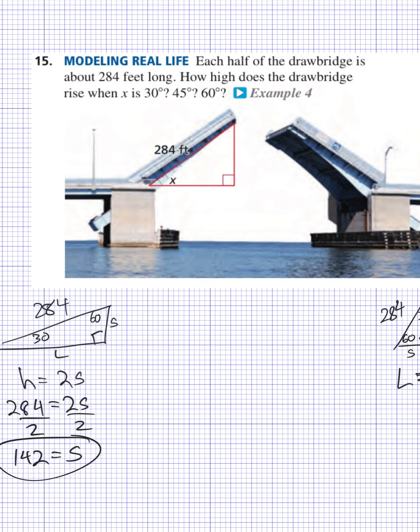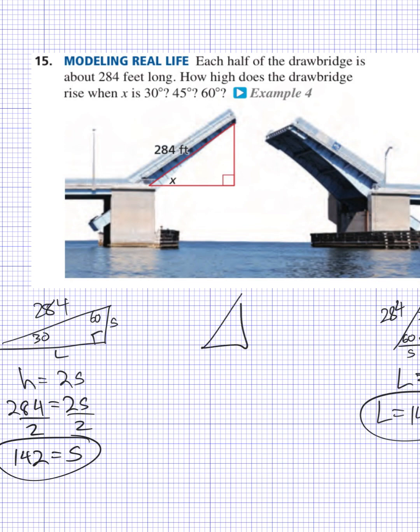So 284 divided by 2. So that's 142. Yeah, it's a short leg. So the long leg is going to be 142 square root of 3. And that's feet.